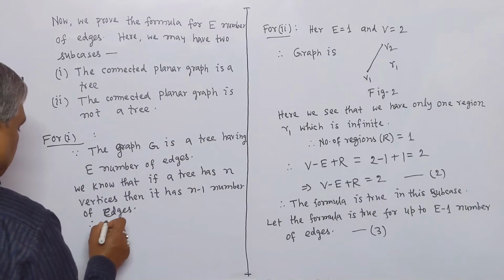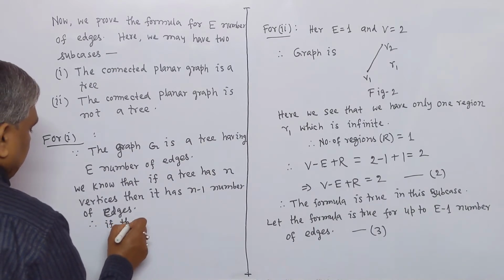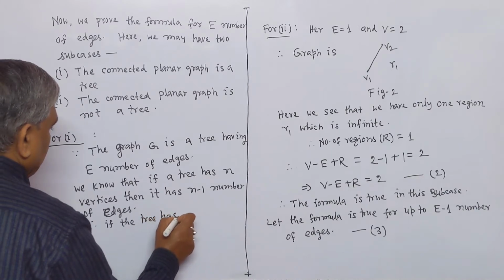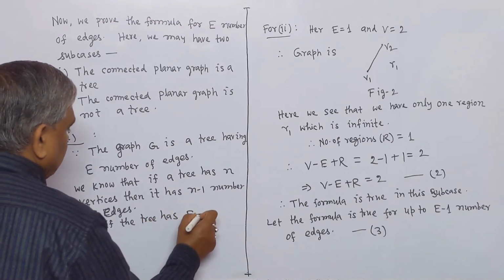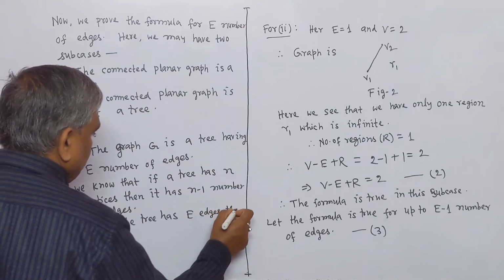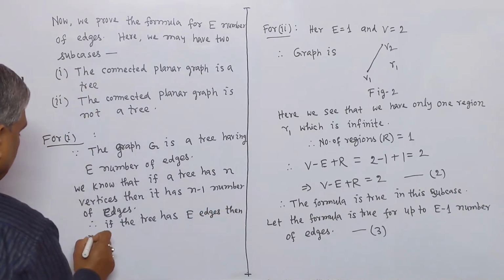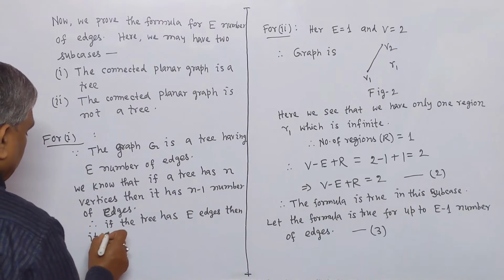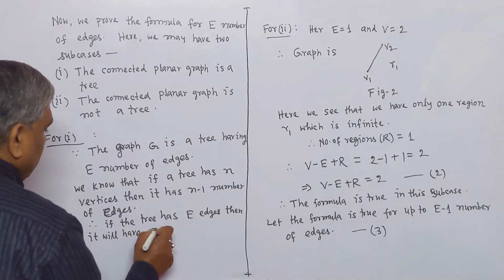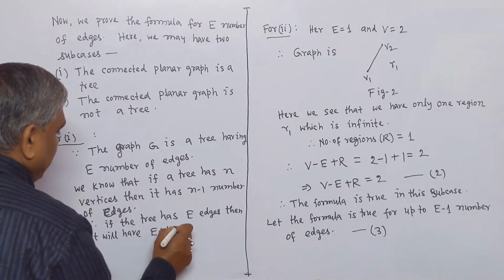Therefore, if the tree has E edges, then it will have E plus 1 number of vertices.